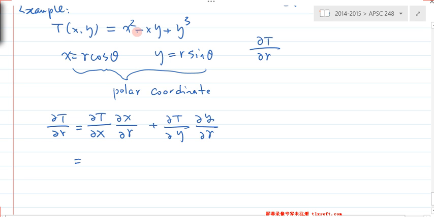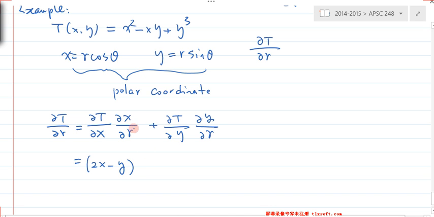dt over dx. This is a function, you treat y as a constant. What do we end up with? 2x. Treat y as a constant. This is where I see a lot of mistakes. A lot of times people write an x here, so really you should write y. And this one is constant, so 0 is gone.